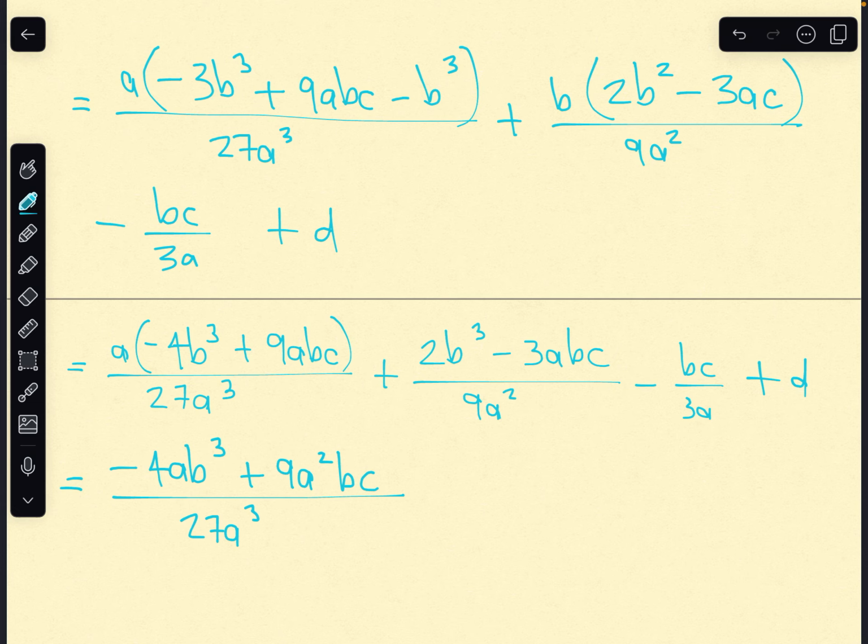And here we have 2b cubed minus 3abc over 9a squared minus bc over 3a plus d. Oh, the chaos of it all.